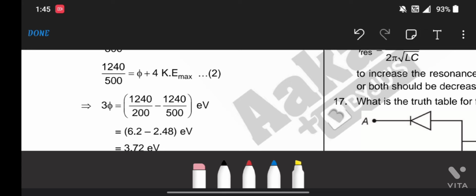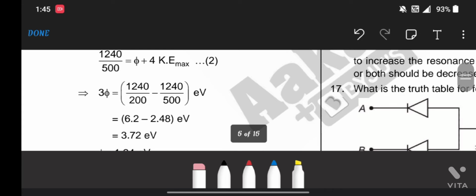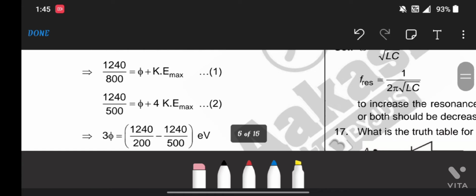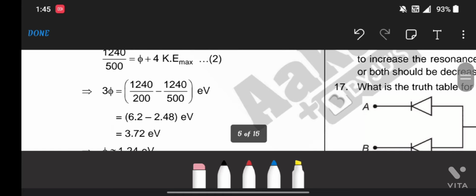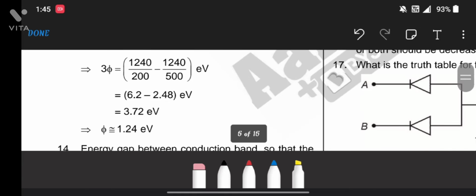So after solving this, 1240 by 200, the zeros cancel, 20 by 20, and we get 6, so 6.2. Minus 1240 by 5, which is 2.48 electron volt. Therefore, after subtracting, we get 3.72 electron volt.